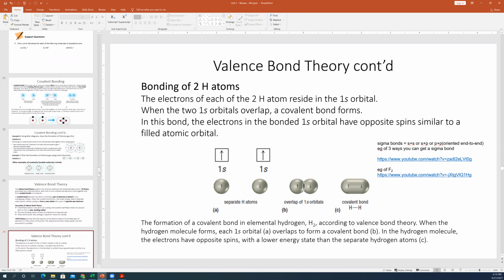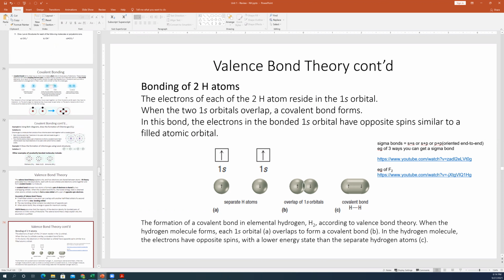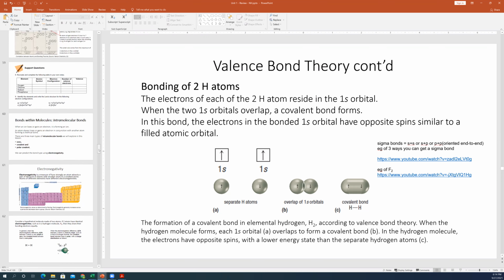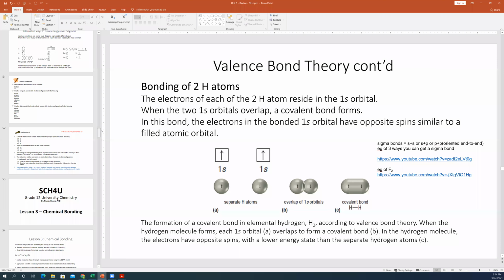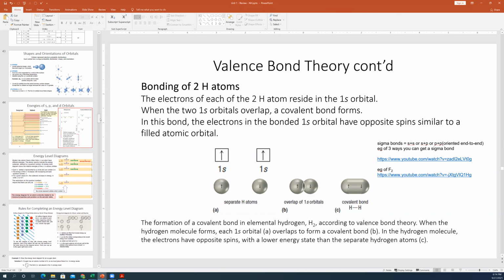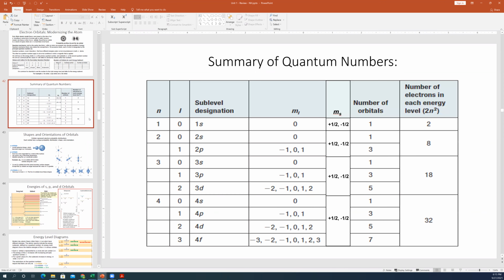So before we continue any further with valence bond theory, and I will come back to this, let's just make sure everybody's clear on where these 1s, 2p electrons are coming from. So let's just go back a bit. I think it was in this lesson that we talked about this, so let's talk about it right here.